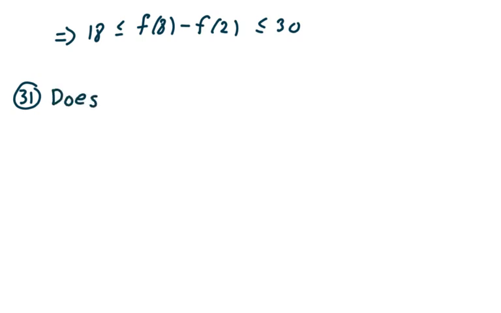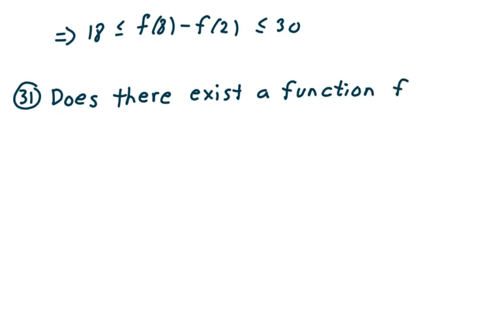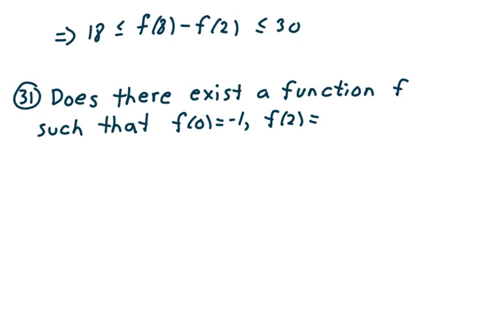It says, does there exist a function f such that f of 0 equals negative 1, f of 2 equals 4, and f prime of x is less than or equal to 2 for all x.